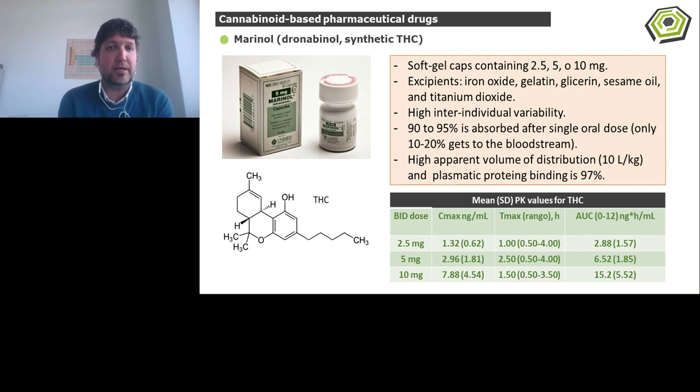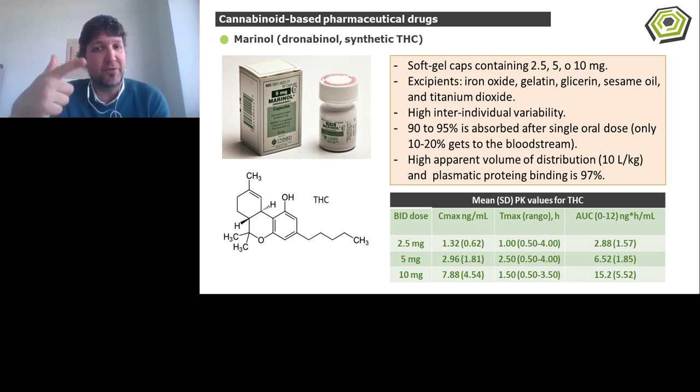Marinol comes in soft gel caps containing 2.5, 5, or 10 milligrams of THC. Excipients are pretty common: gelatin, glycerin, sesame oil. And this is why I want to point out these characteristics of approved drugs: it presents high inter-individual variability, high absorption, but high liver metabolism.